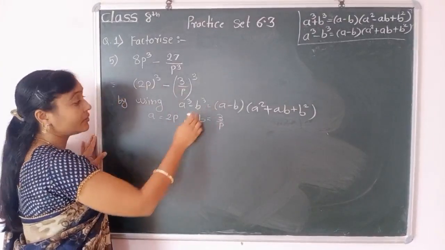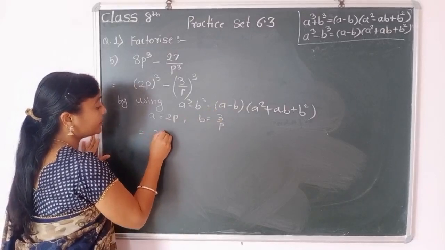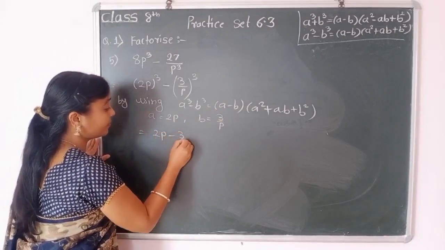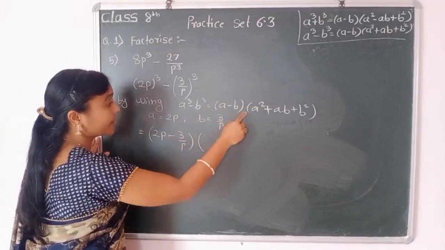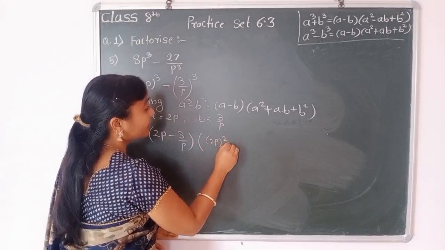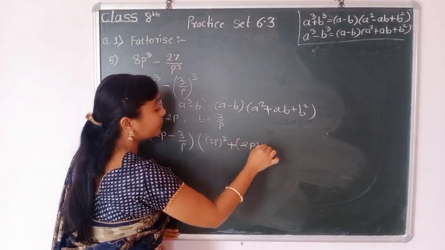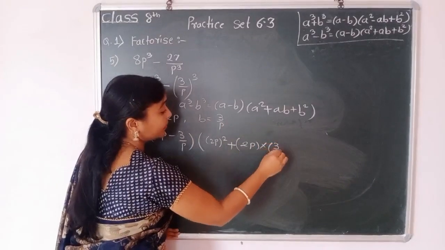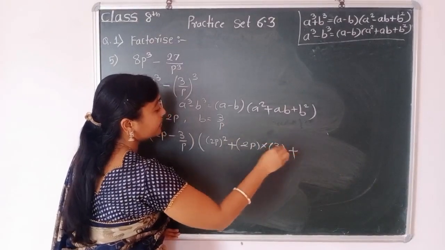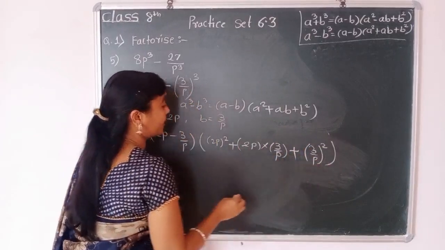Put these values in our formula, then we get (twice p minus 3 upon p). Another bracket, a square means (twice p) whole square, plus a into b means twice p into 3 upon p, plus b square means (3 by p) whole square.